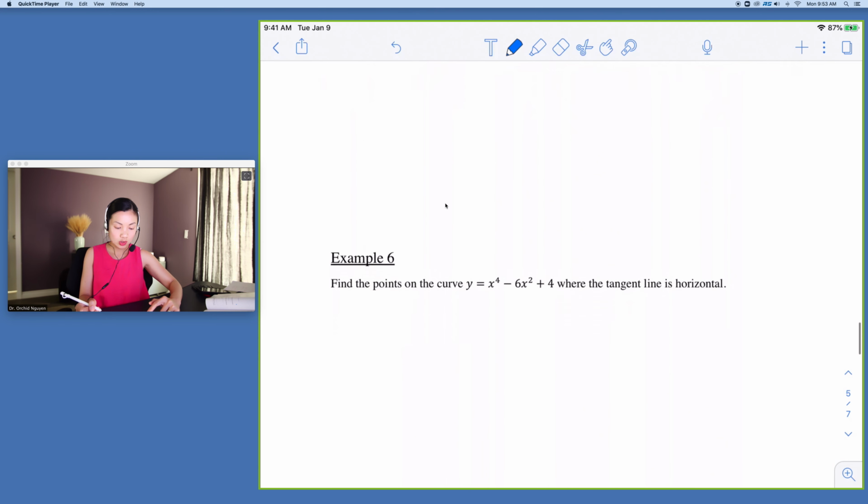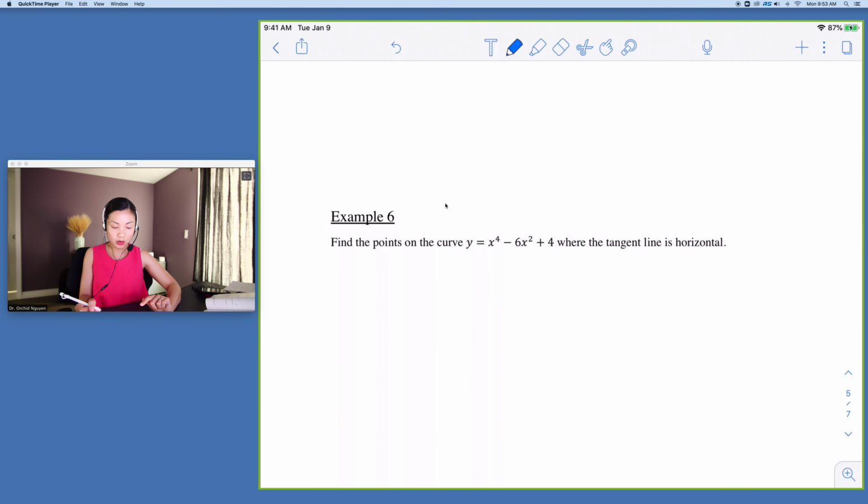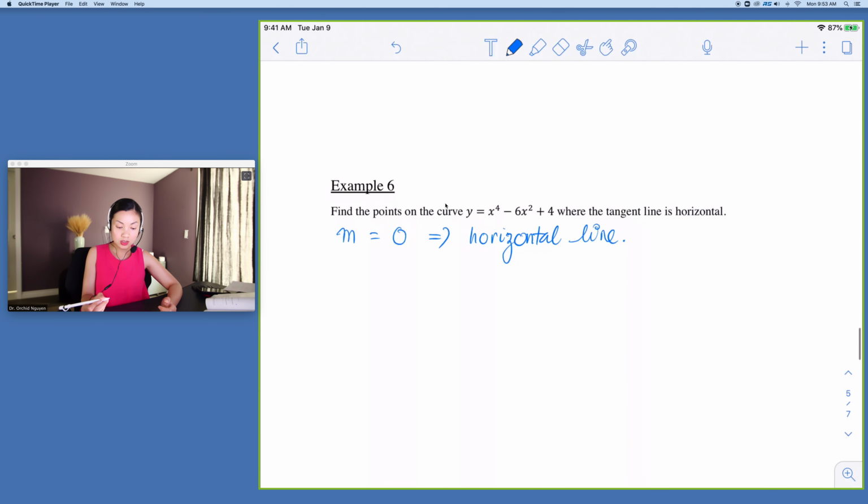All right, so we want to find the points on the curve where the tangent line is horizontal. So tangent line is horizontal, meaning the slope has to be 0. That's horizontal. Okay, so how do we find the slope of a tangent line?